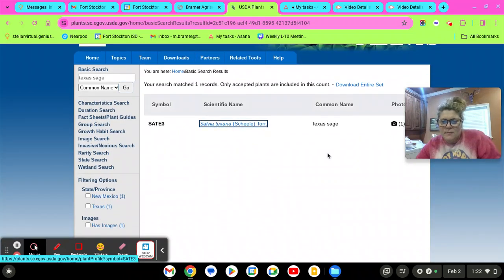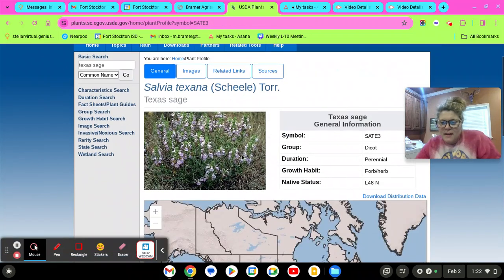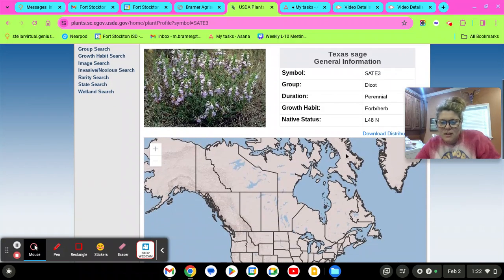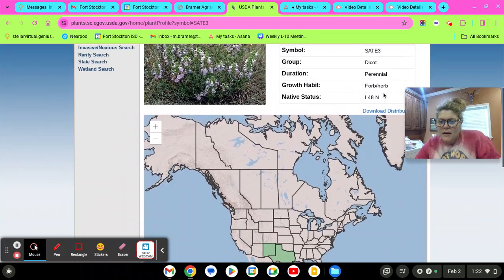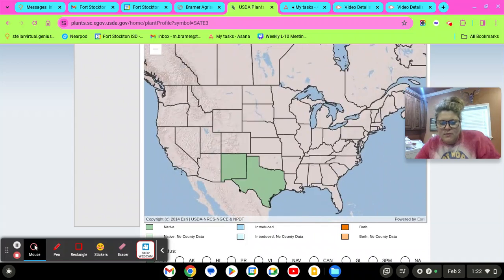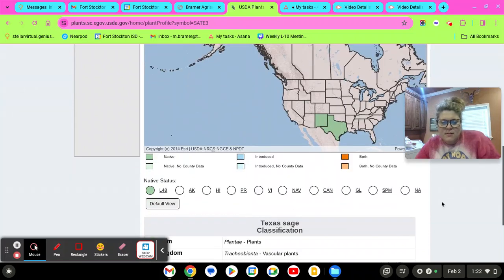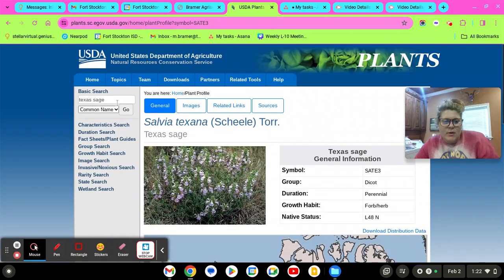Now it pulls it up. Texas sage, right there. It's a bush, grassy type, and it's got little purple flowers on it. It's going to show me the symbol, the group, dicot, growth habit, perennial. That means it's going to come back. It shows me where it's grown, where it's native, kingdom, all that stuff. So this is a really cool website that you can play around with.